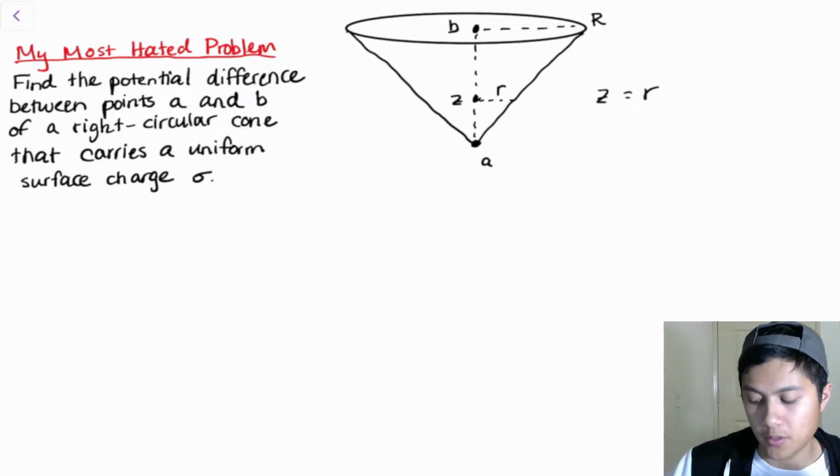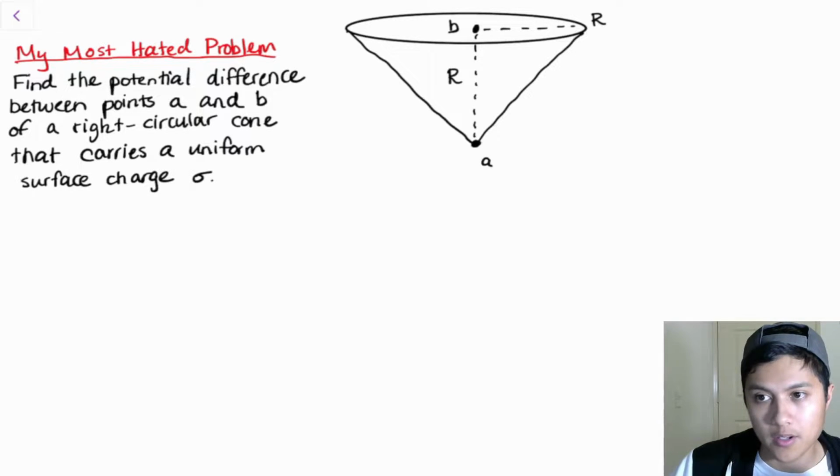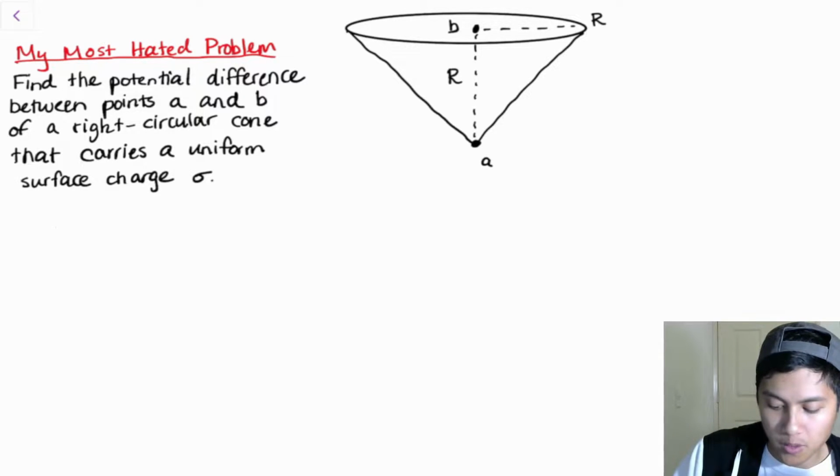So not only is the radius at the top supposed to have a value of big R, but the height of this cone is also R. That's what defines a right circular cone. And we know that it has a uniform surface charge sigma, so we just care about the charge on its surface.